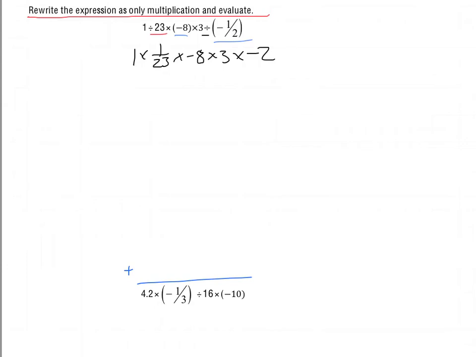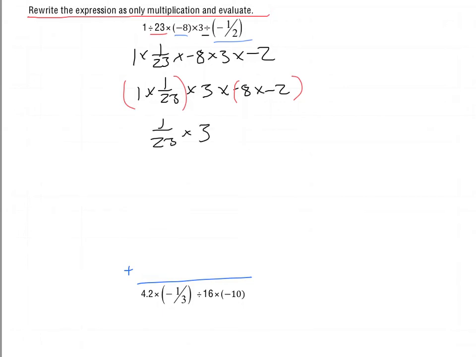Alright, so we've rewritten this as a multiplication. Now we can think about our compatible numbers and rearranging. For me, I'm going to see this as 1 times 1 over 23 times 3 times -8 times -2. For me, that brings together my two values here. This is a really easy multiplication, so I'll go ahead and get that one out of the way. This is 1 over 23 times 3 times 16.